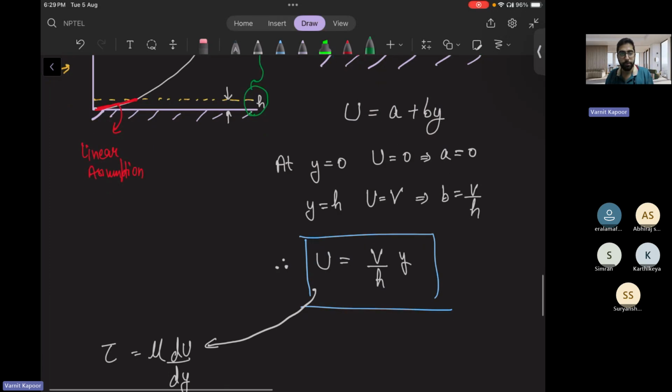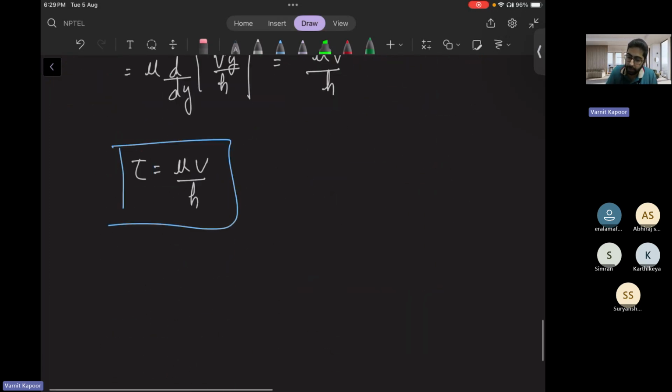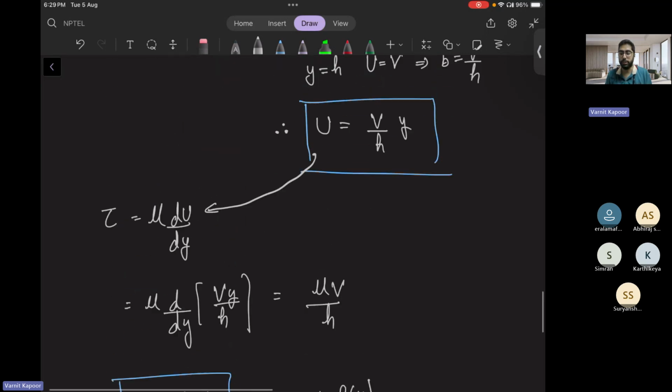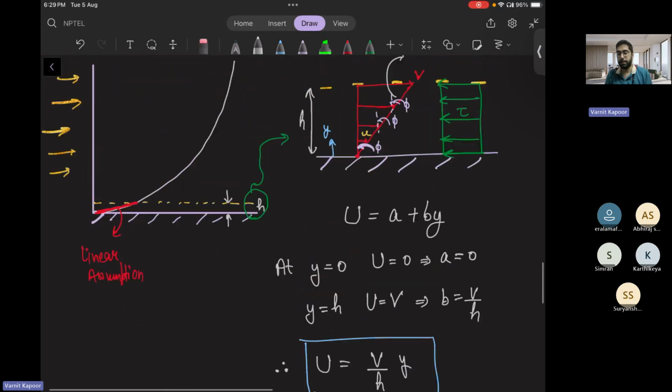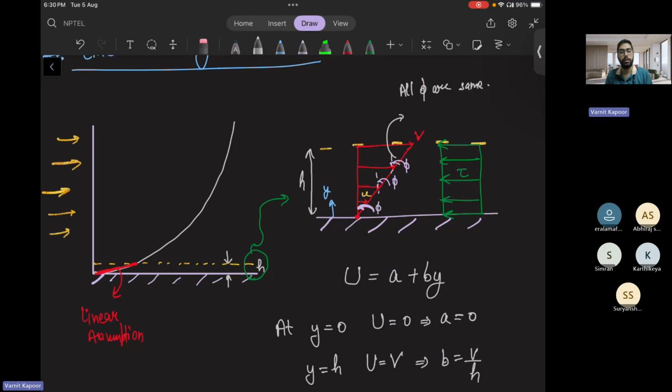Okay, is it clear? Shear stress is not a function of y here, whereas velocity was a linear function of y. But shear stress is not a function of y for a small thickness h, where I'm assuming the linear profile assumption.